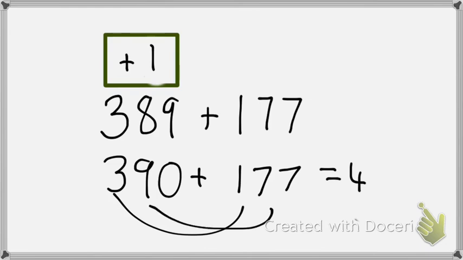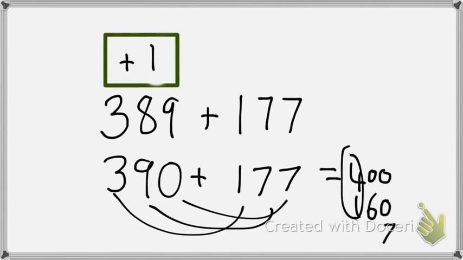But here you see the problem. 90 plus 70 is 160. And 0 and 7 is 7. So now I have to carry that extra 1. I have to do this extra step that I didn't have to do when I made a super tidy number. That's the advantage.